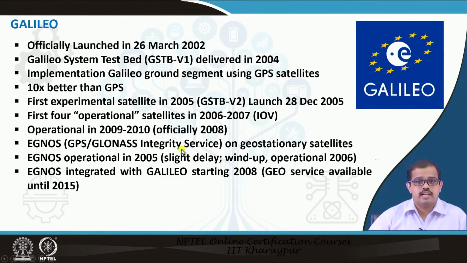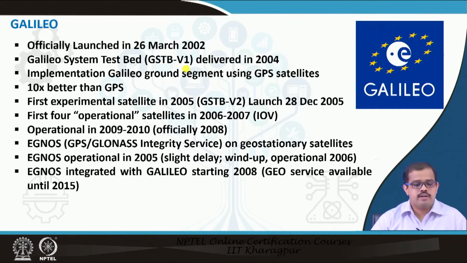When you look at Galileo, it was officially launched on 26th March 2002. This is the EU and other countries, the European Union plus partner countries. Then the Galileo system testbed was delivered in 2004, which means it was the first set of test satellites. Then implementation of the Galileo ground segment using GPS satellites was done a bit later.